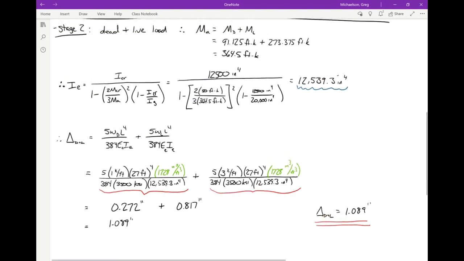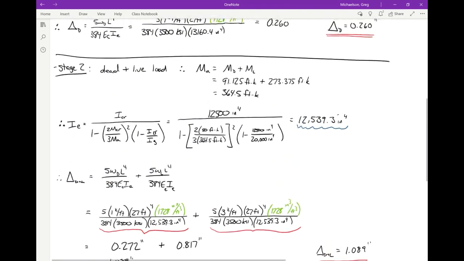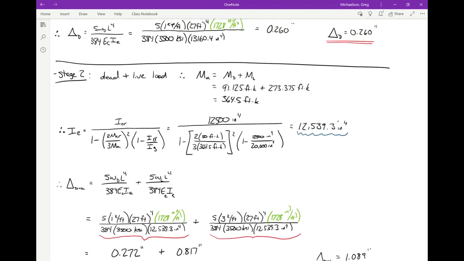Look at the very top right of the screen. The deflection due to the dead load was 0.26. But look down here below. The first fraction yielded 0.272. How come we got a dead load deflection of 0.26 in stage 1, but 0.272 in stage 2?